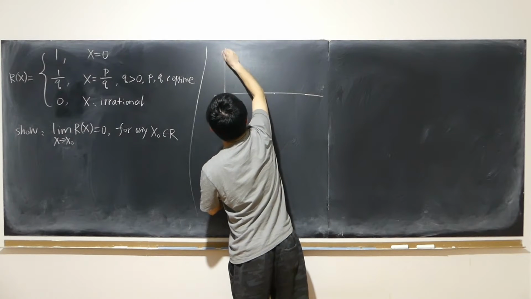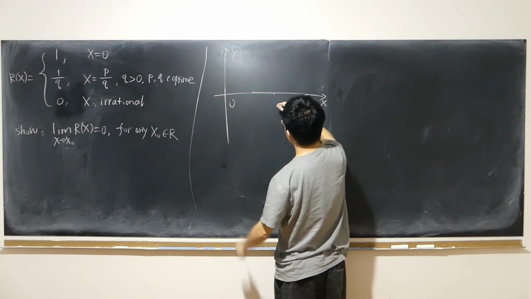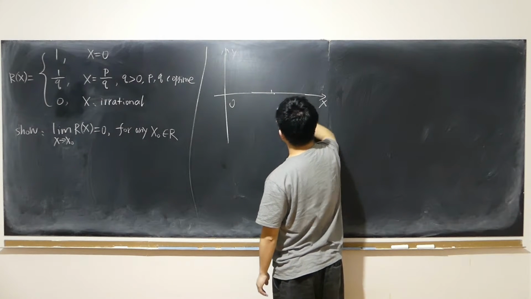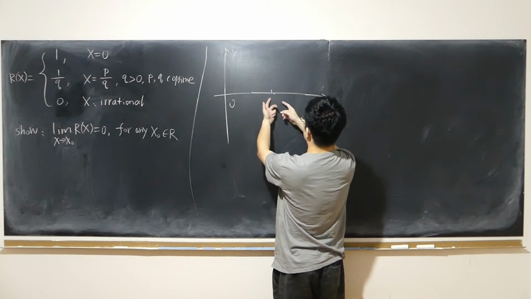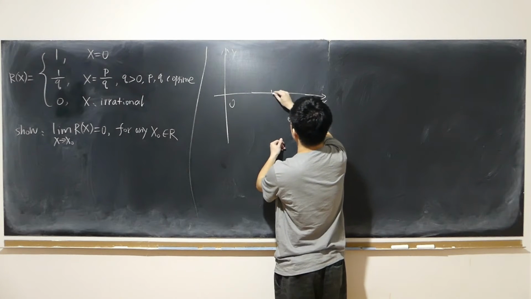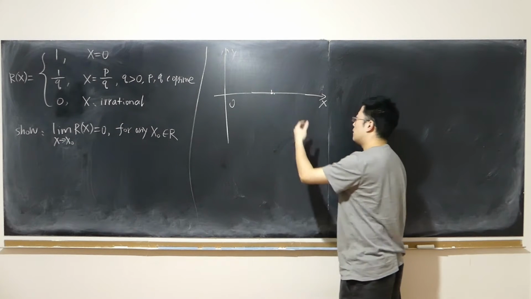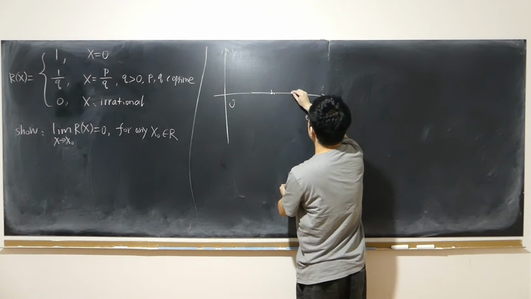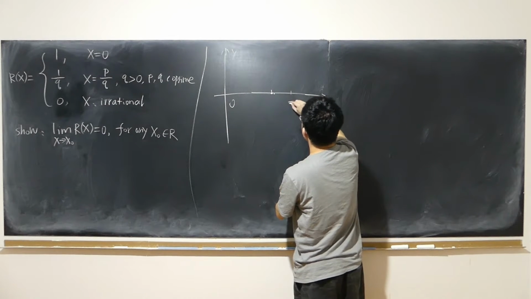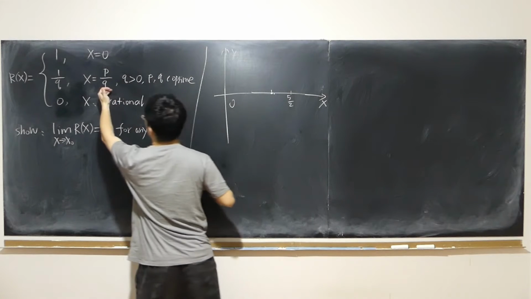Let's say we have axes x and y. Say we have some real irrational number, maybe square root of 2 or whatever. So it's defined to be 0. Maybe we have some other fraction, maybe here we have 5 over 2, so defined to be 1 over 2 at the bottom.